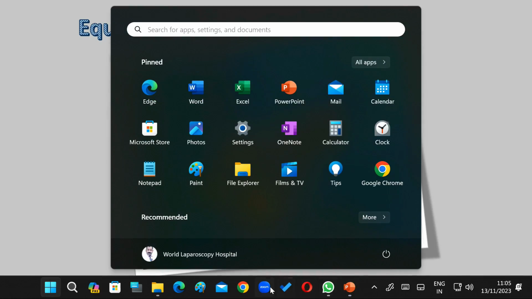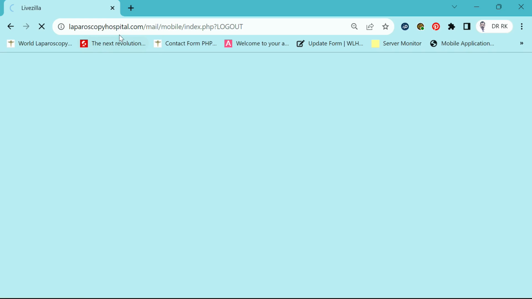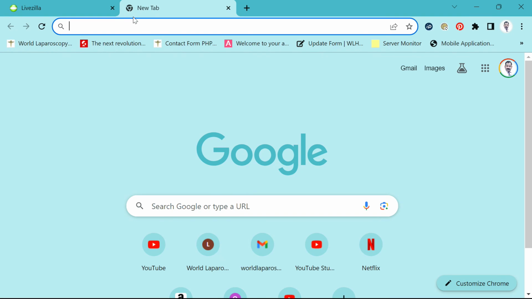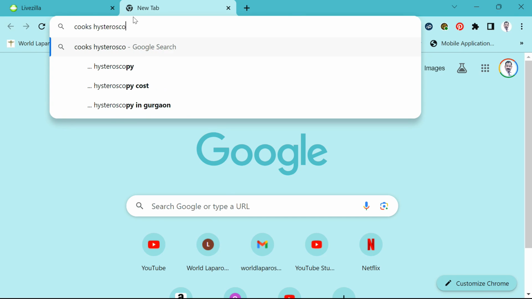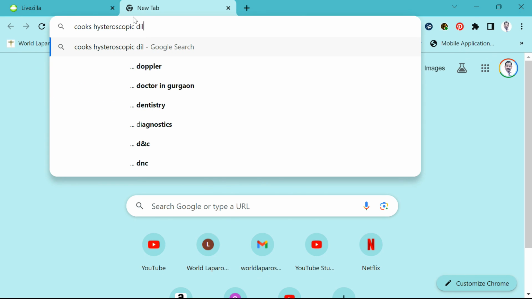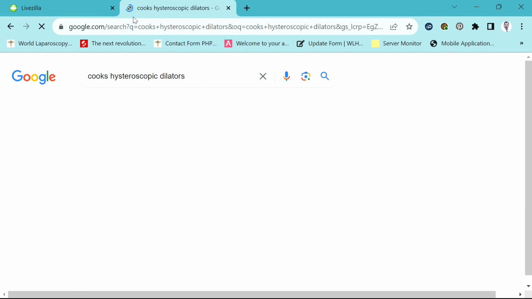There is Cook's tubal dilatation device. Cook's is making cannulation devices for the tube to open the proximal tubal obstruction. Cook's system is available in the market, which you can buy. So this you can use for dilatation. So if you see Cook's hysteroscopic dilators, this is available.